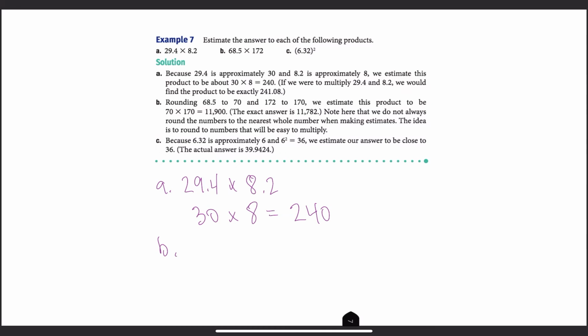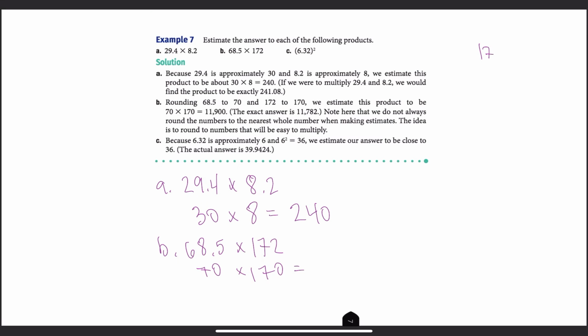All right, B, 68.5 times 172. So now, to round here, maybe we would round this to, say, 70, and round this to 170. And then we could multiply, let's see.